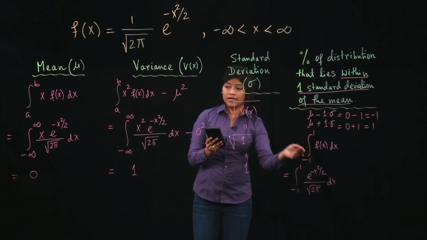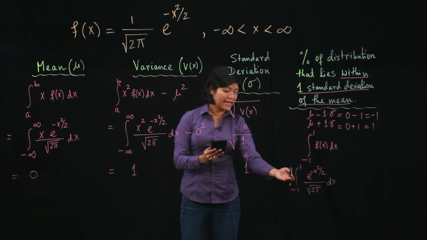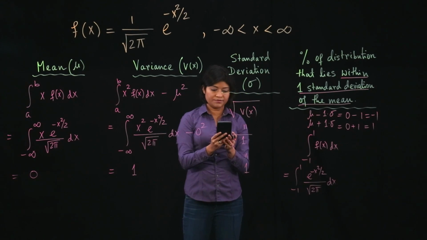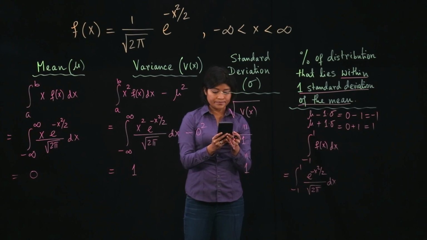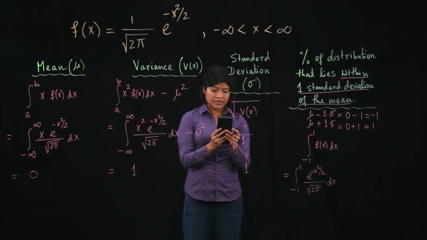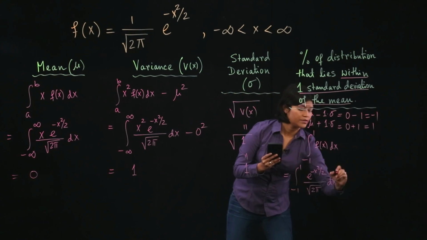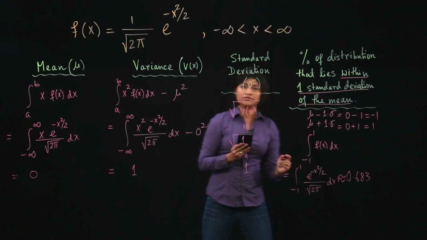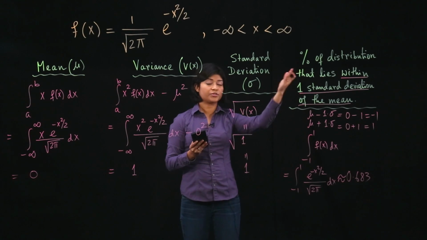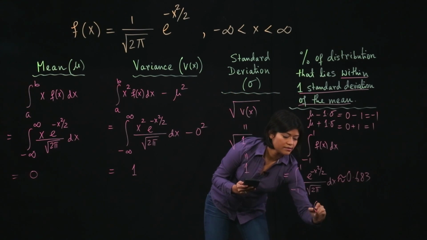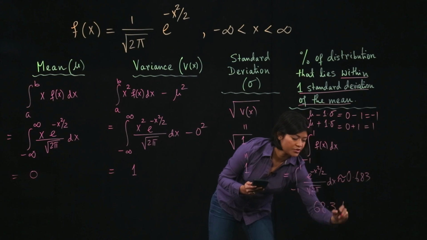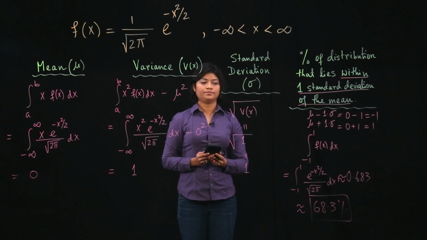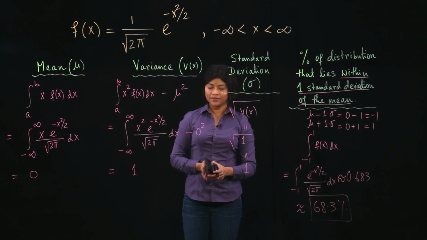Just make sure you take out the x squared or the x and change the bounds from negative 1 to positive 1 instead of negative infinity to positive infinity. Variable is still x. And the answer is almost 0.683. That means the percent of distribution is 68.3%, approximately. Okay, so we complete the problem. Thank you so much.